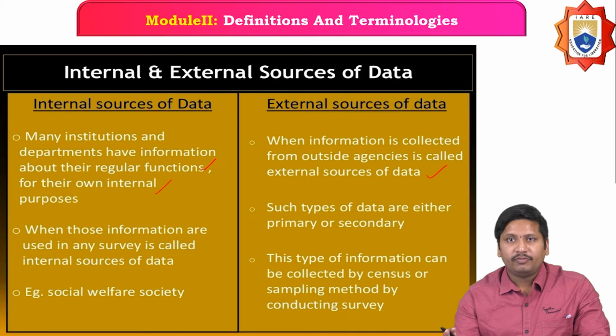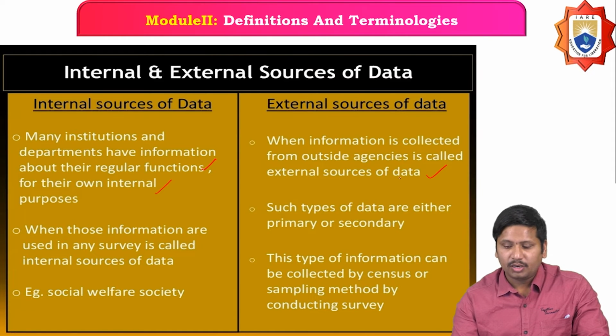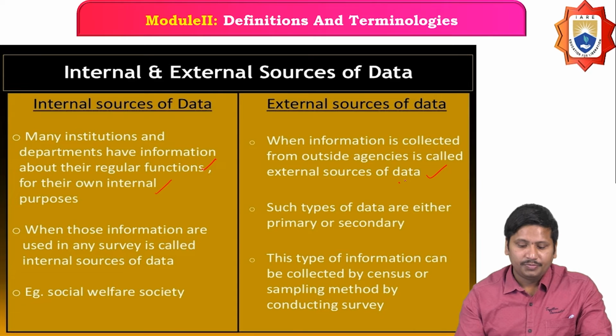So the main difference is that many institutions and departments have information already about the regular function for their own internal purpose, which should be the internal source. When it comes to external source, the information we collected from outside agencies is nothing but external source of the data. So this is the information that is going to be used in any survey.